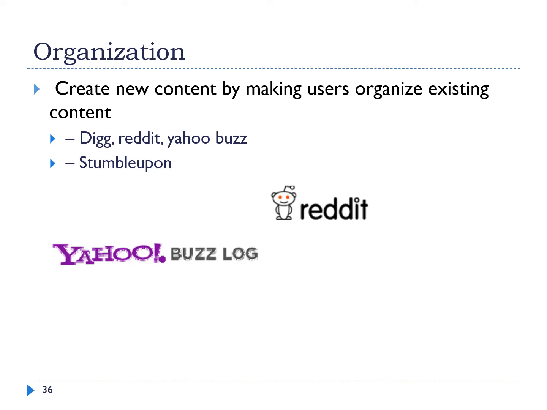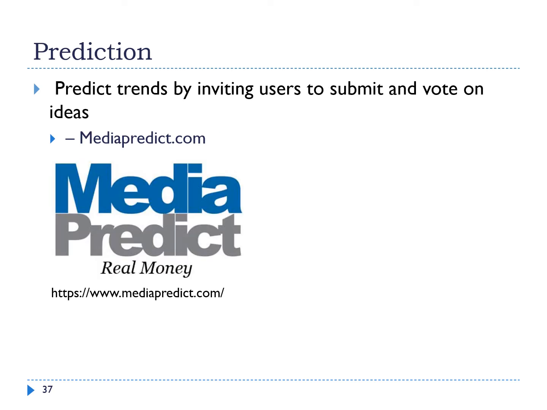For organization, we can create new content by making users organize existing content. Again, I list a few examples of how to use crowdsourcing to do organization. For prediction, we can use crowdsourcing to predict trends by inviting users to submit and vote on ideas. For example, MediaPredict.com.